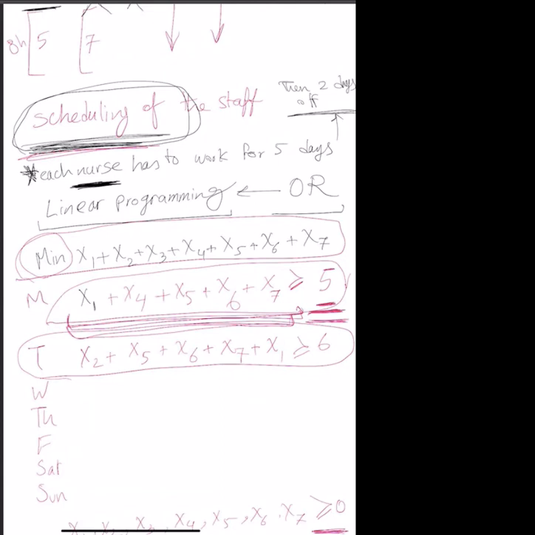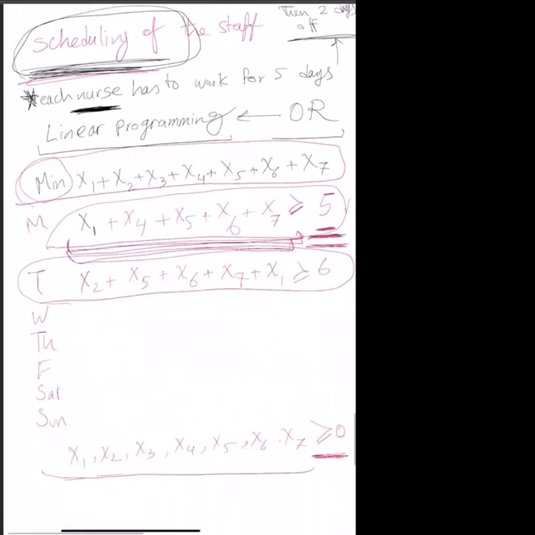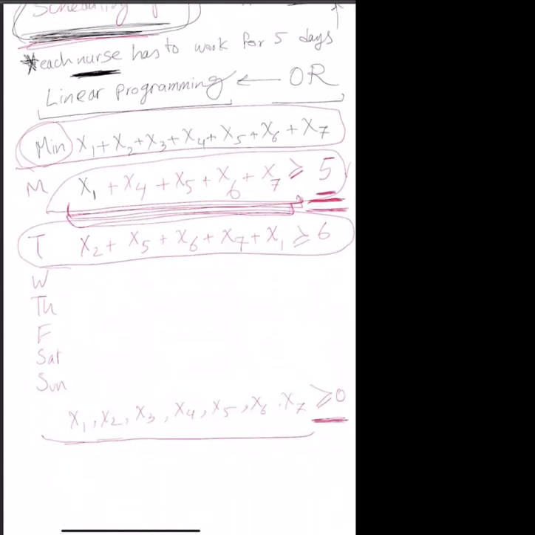Okay, so that's basically the linear programming that we need to write, and then we can either solve it using the simplex method or using different software, Lingo, Lindo, and all of those, to find the answer to this linear program.